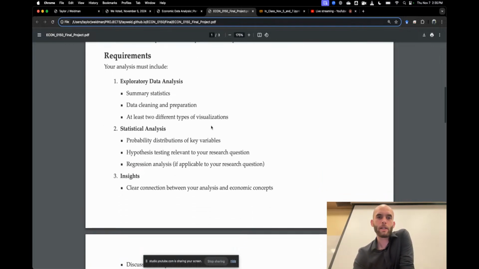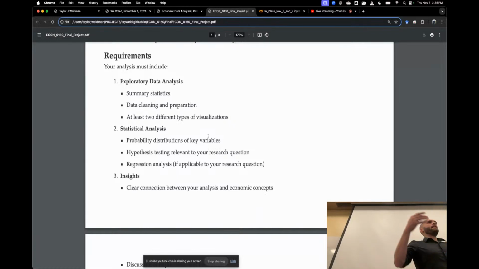So the main requirements, the first is that you do an exploratory data analysis. So we're describing what the data is showing. I was hoping you were able to see this.